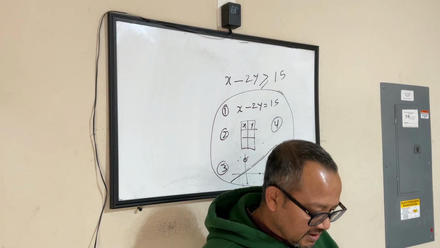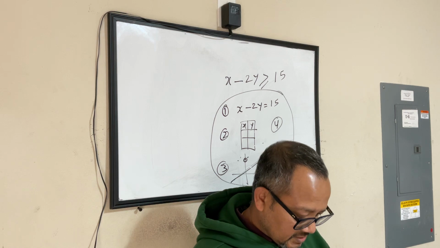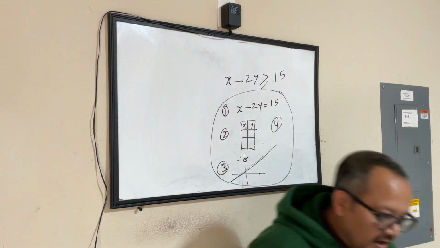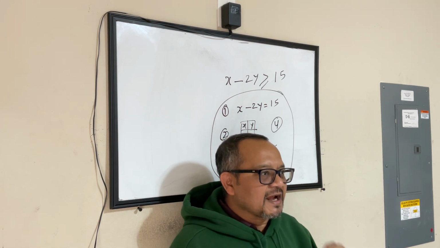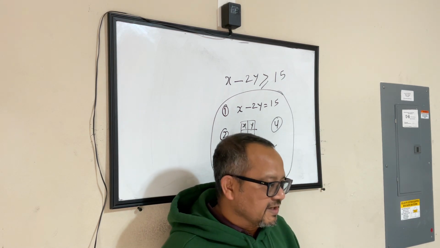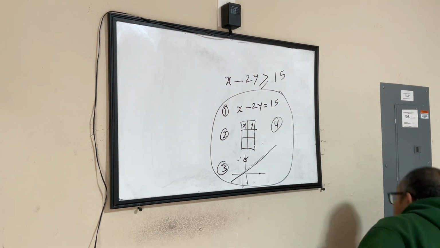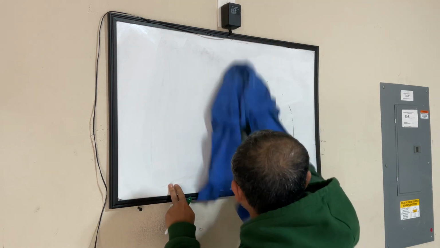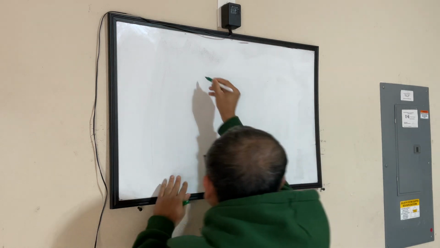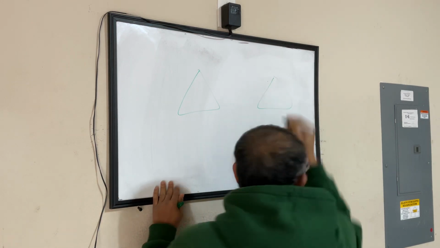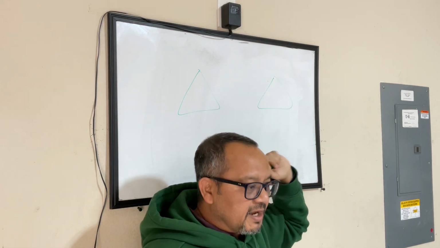Okay, so let me not give you guys a lot of riddles to solve. When you say congruence, in the simplest form, it means exactly the same. If I say one triangle is congruent with another triangle, what I mean is that these two triangles have each and every property matching.